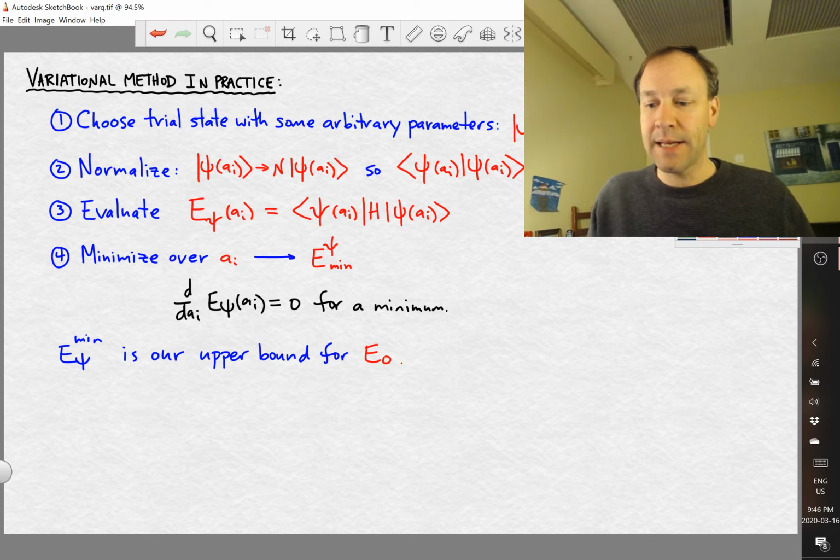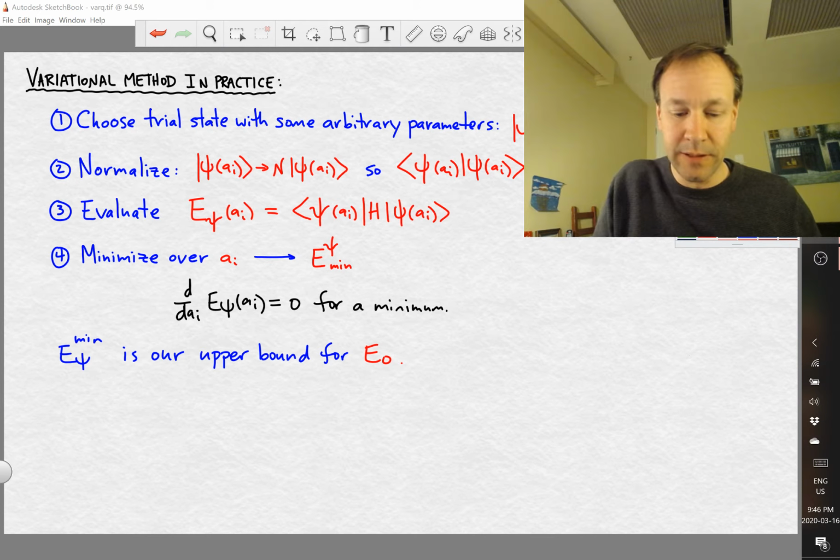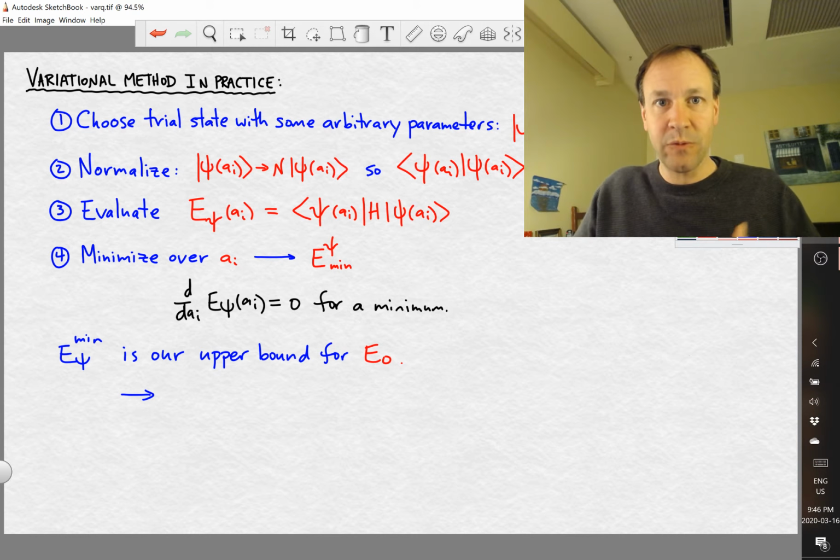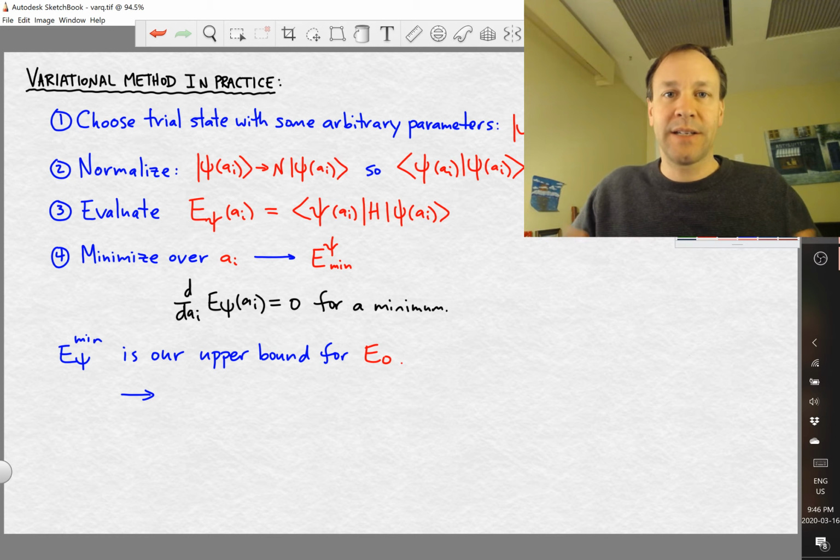Just a couple of things. If you want to do as well as possible, then you want to consider as general a class of functions as you can.